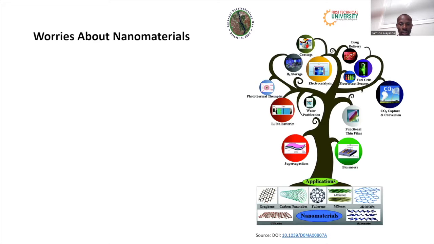Now, looking at the tree of nanotechnology, you can see nanotechnology being applicable to various sectors. The list is endless, and the branches keep growing, which means in the next decade, the branches will be too numerous to be counted.